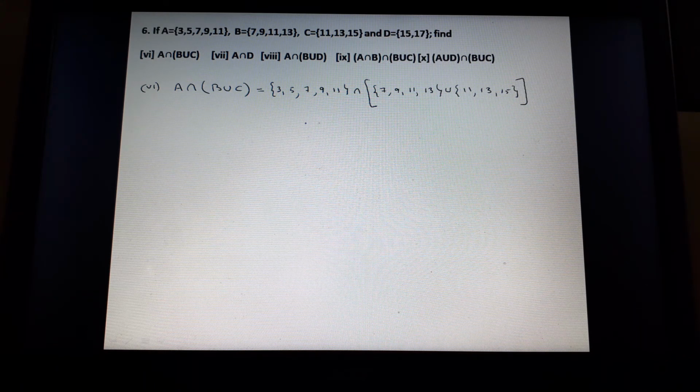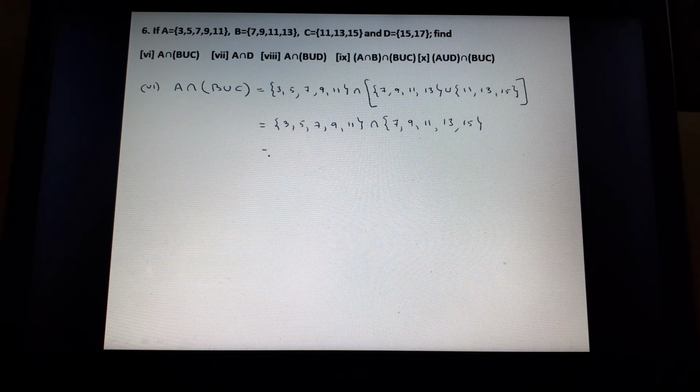This is union. So you write now 3, 5, 7, 9, 11. Then intersection. Then here you can remove this bracket and write the union. So I have to write 7, then 9, then 11, then 13. 11, 13 already written. So the last element remaining here is 15.